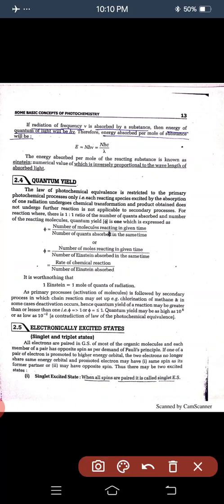The energy absorbed per mole of the reacting substance is known as the Einstein, the numerical value of which is inversely proportional to the wavelength of the absorbed light. This is the law of photochemical equivalence.